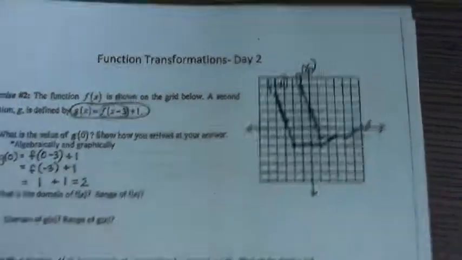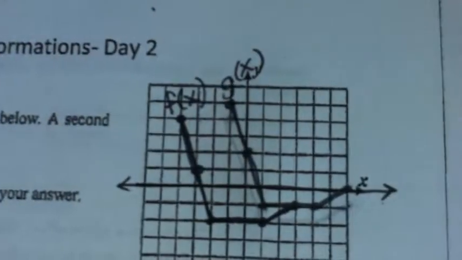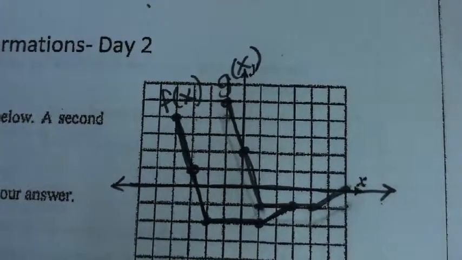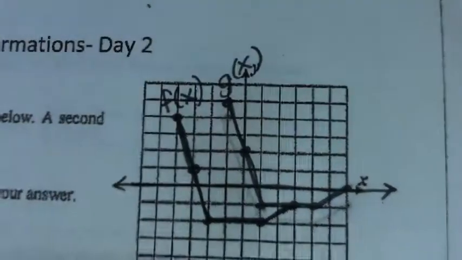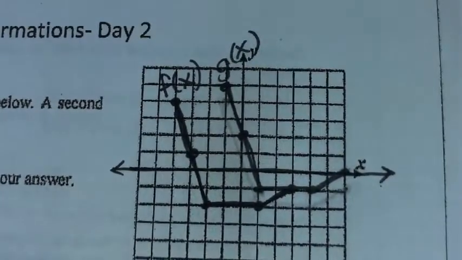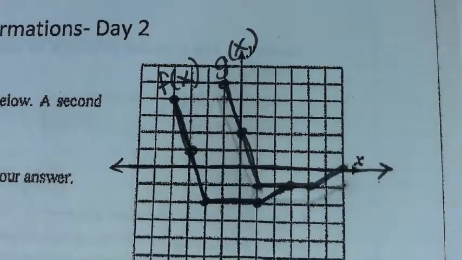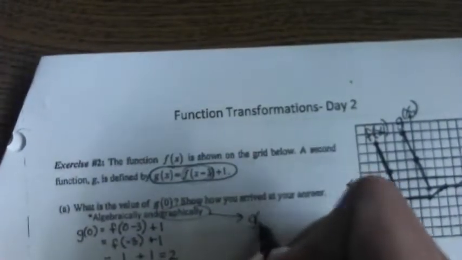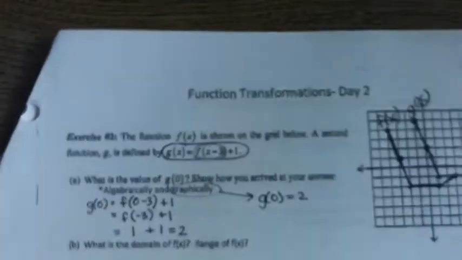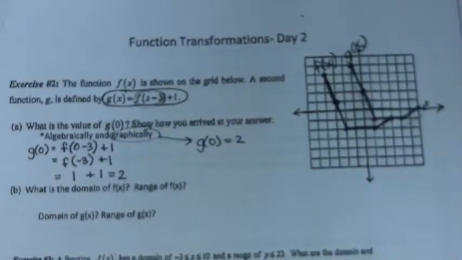Now looking at that, what is g of 0? 2. Here's an x coordinate of 0, and so the y coordinate that goes along with it on the g graph is 2. Yes? So no matter which way we did it, graphically we got g of 0 equals 2. It's the same thing.